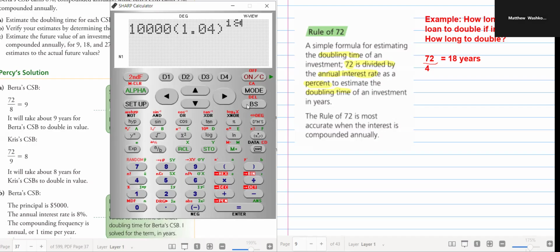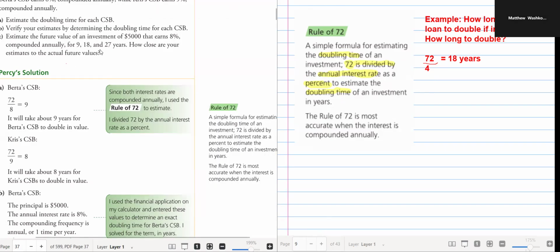If I'm right, this should be close to $20,000. Hey, it's close to $20,000. It's not exactly $20,000, but it's an estimate. So yes, this works. This is absolutely a thing. Sometimes you're going to see examples where you're going to have to do this, so you need to know that.